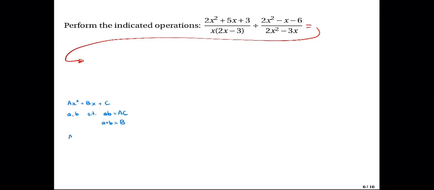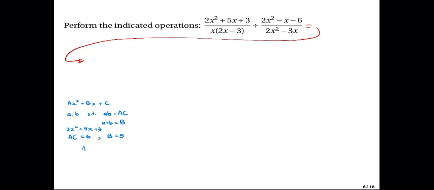So we have here AC. In the case here of 2x squared plus 5x plus 3, AC is equal to 6, and B is equal to 5.